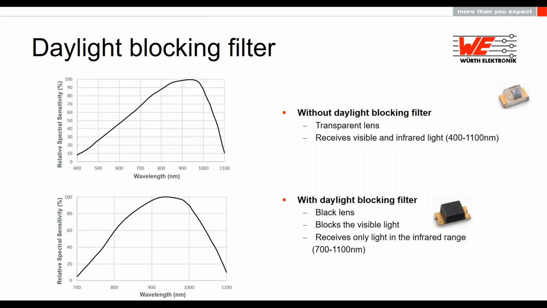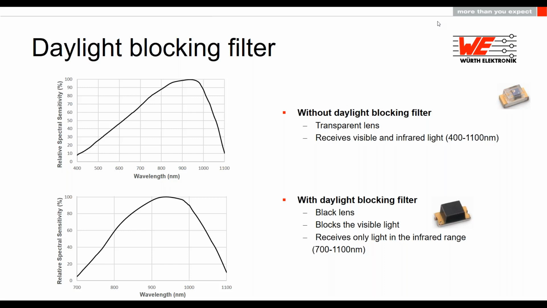So if we have a diode that is somewhere outside in the sun or in a very well illuminated room, I'll have a lot of noise coming from the surrounding light. In this case, I would consider using a detector with a daylight blocking filter, as below.